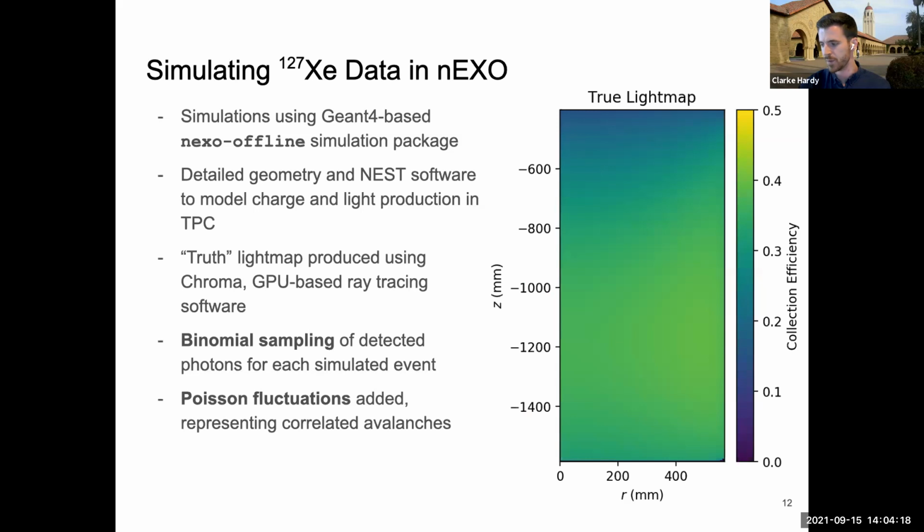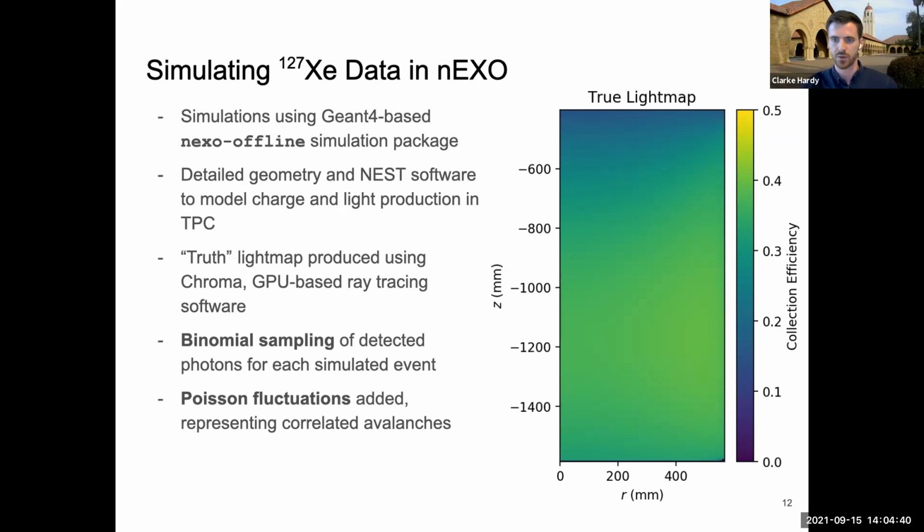And so in order to basically test this process, I simulated some xenon-127 decays in nEXO using our nEXO offline simulation package that incorporates a full detailed geometry of the TPC and the NEST software to model the charge and light production. The plot I'm showing on the right here is the truth light map that is produced using the GPU-based Chroma software.